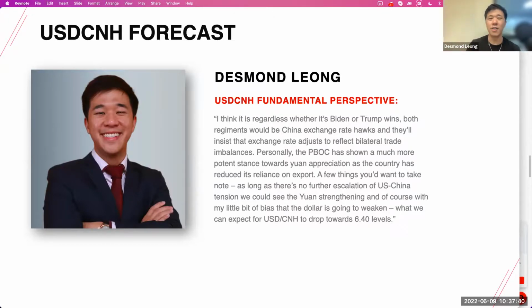I know it sounds a little confusing, but the People's Bank of China is going to have a much more potent stance on yuan appreciation as the country has reduced its reliance on exports. As long as there's no further US-China tension, we could see the yuan strengthening. And with my little bit of bias that the dollar is going to weaken, we can expect dollar CNH to drop to the 6.40 level.